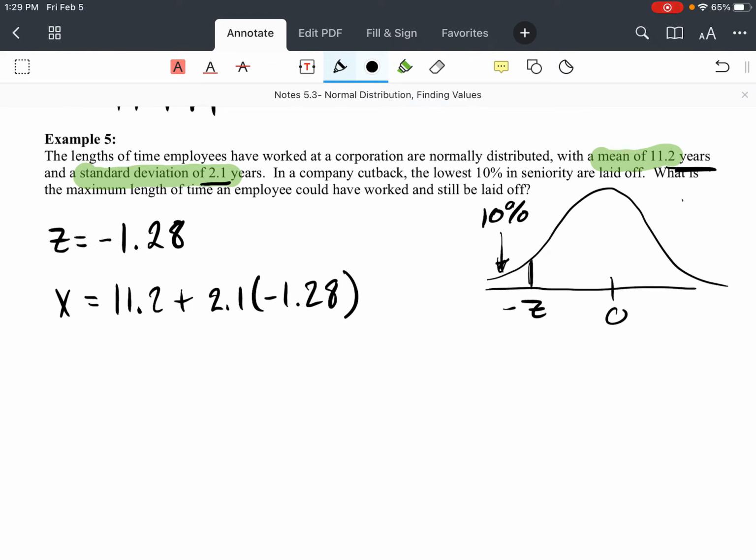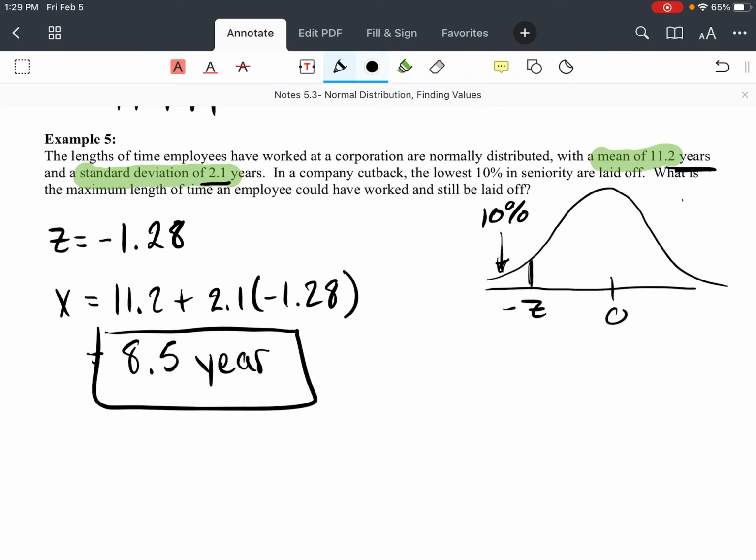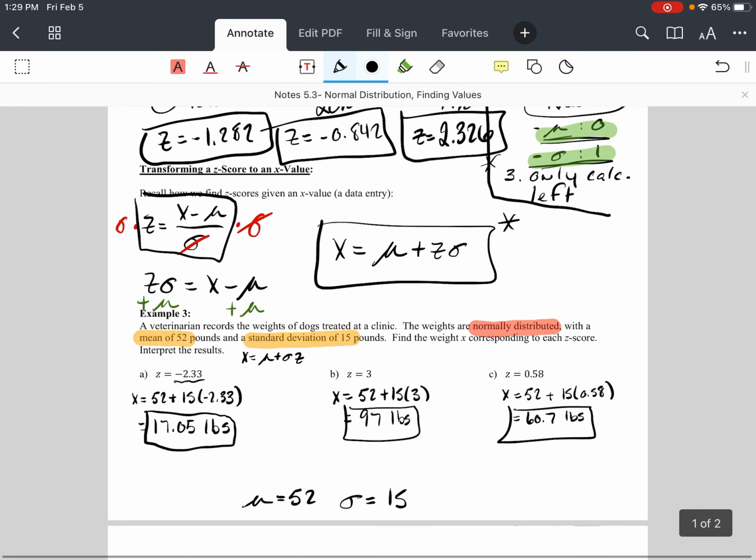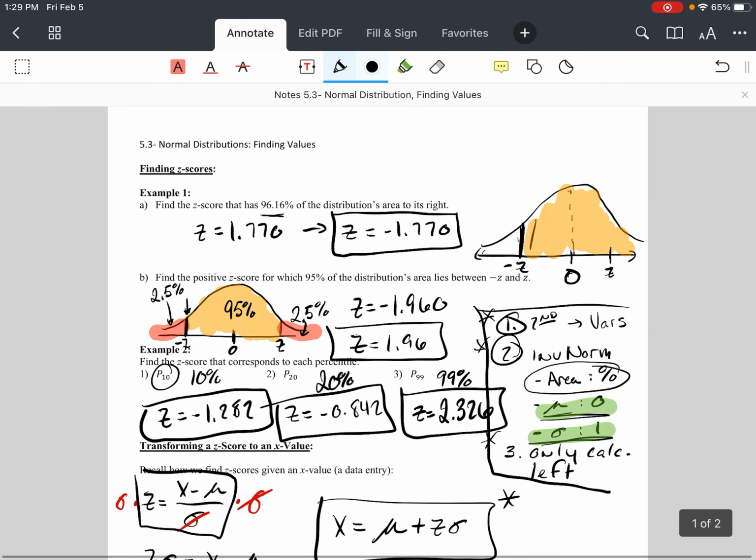And when we do this, we get approximately 8.5 years. So if you have worked in this corporation for at most 8.5 years, then you can probably expect to be laid off.